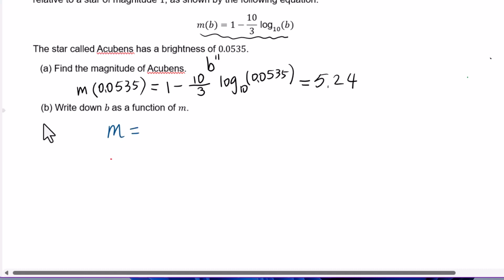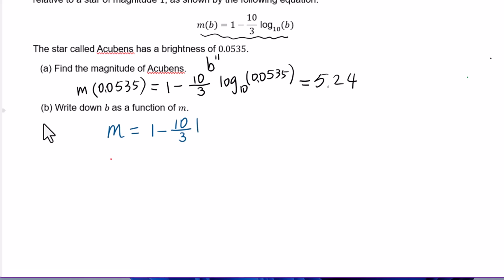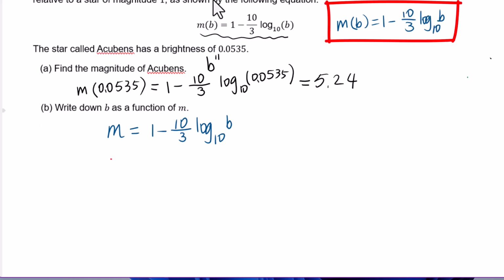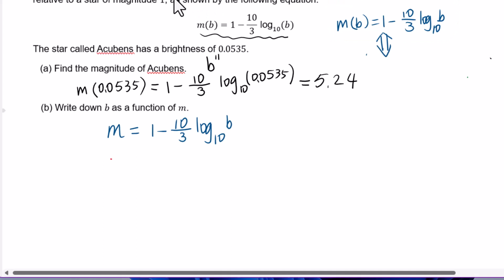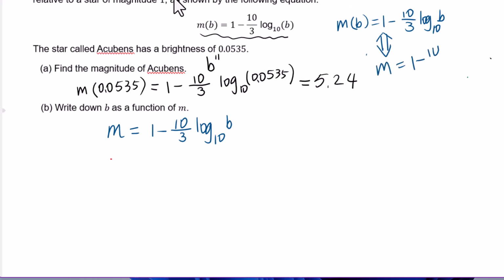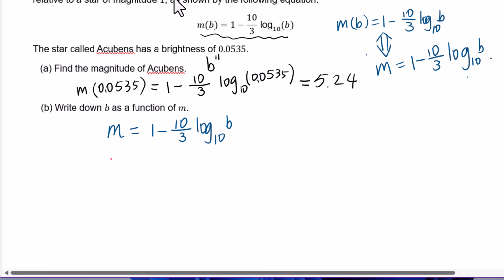M equals 1 minus 10 over 3 log base 10 of B. Remember that M of B equals 1 minus 10 over 3 log base 10 of B. This is a function form, just like f of x, the same as M equals 1 minus 10 over 3 log base 10 of B.